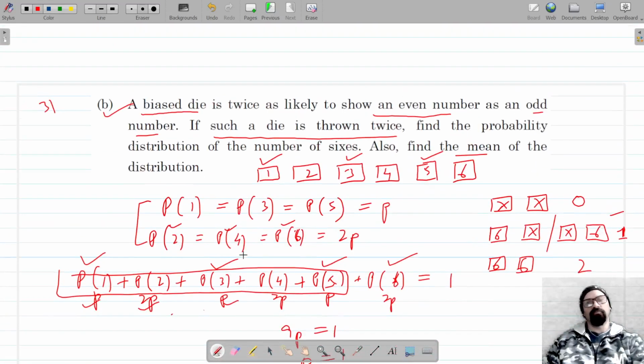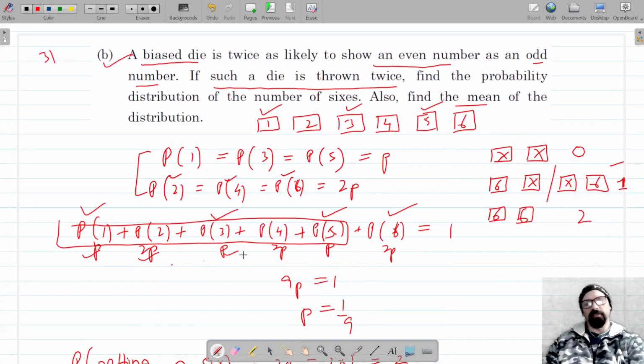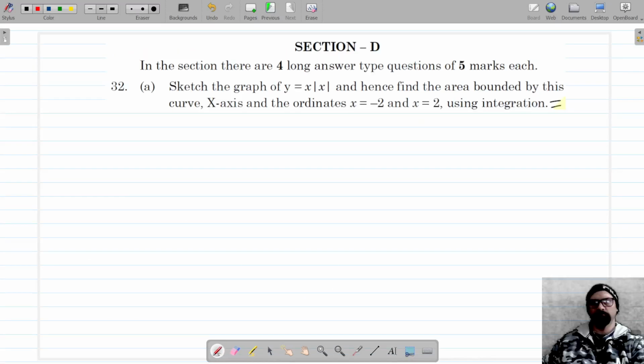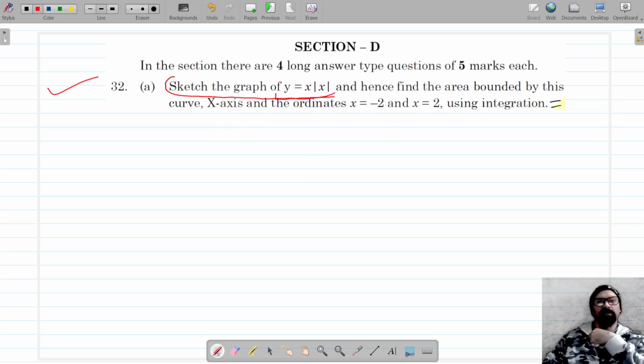Okay, let's move on to the next question, that is question number 32. For question number 32, part A, we have to sketch the graph of y is equal to x into modulus of x, and find the area bounded by this curve, the x-axis, and the ordinates. The first task is to sketch the graph.